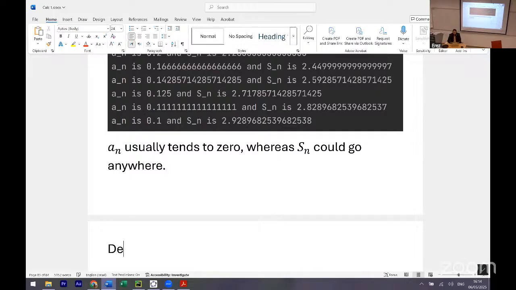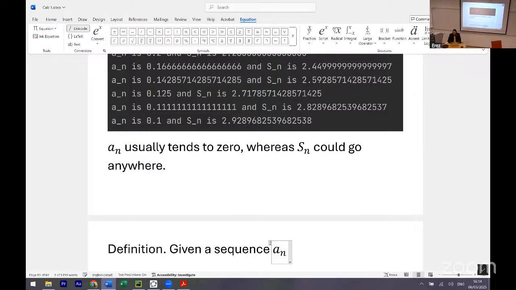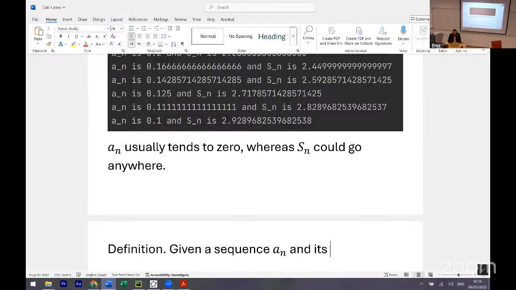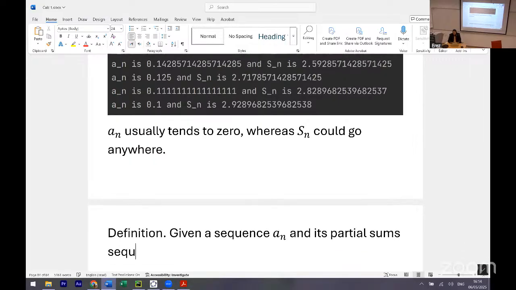So, definition: given a sequence a_n and its partial sums sequence, because in Hebrew we call it sasach, which is סדרת סכומים חלקיים.